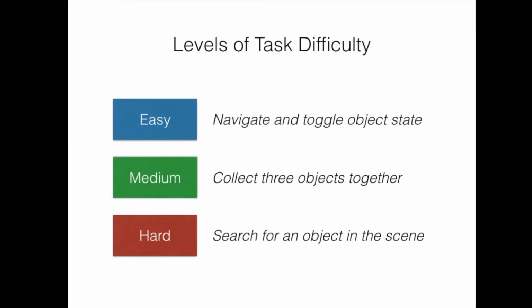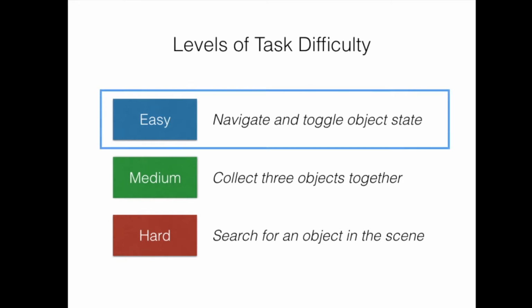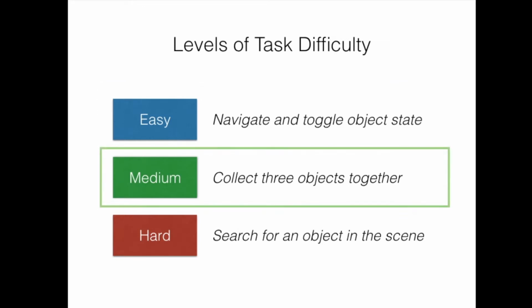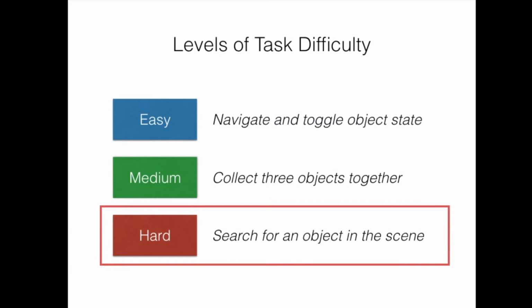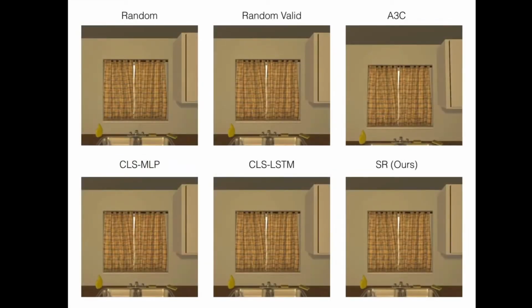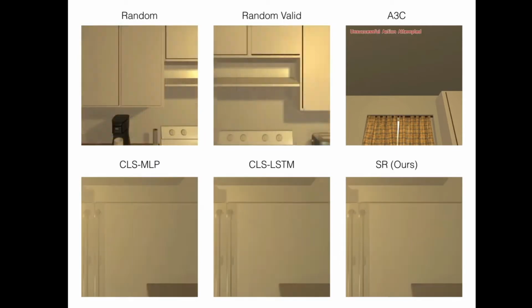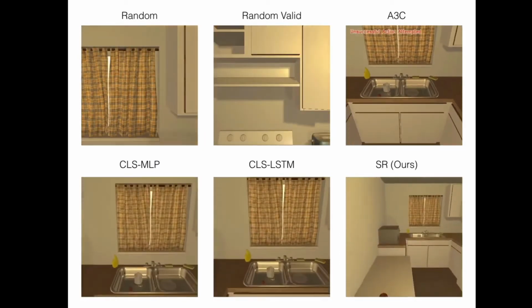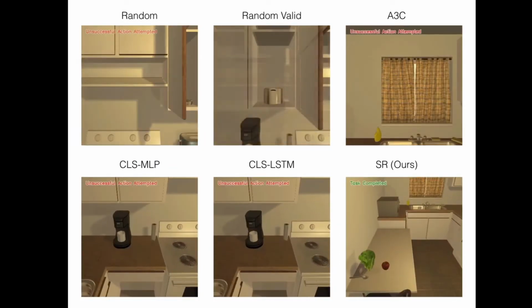We evaluate our method on 3 levels of difficulty. Difficulty is based on the length of the optimal plan and the amount of randomization. These tasks involve changing object states, collecting objects from multiple locations, and finding an object in a random location and bringing it to a receptacle. Here, we show all models attempting a hard task of searching for lettuce in the scene and putting it on the table.